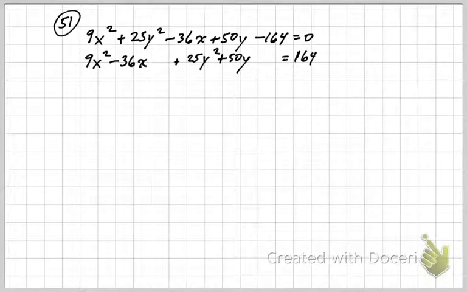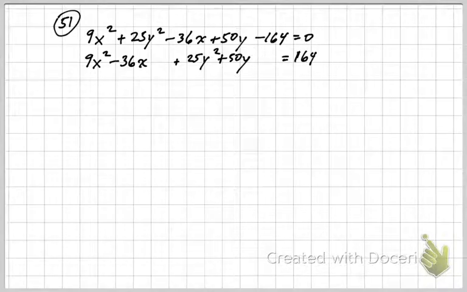Caleb, would you agree that the only thing I did was rearrange? All I did was rearrange. I added 164 and put the x's with the x squareds, y's with y squareds.